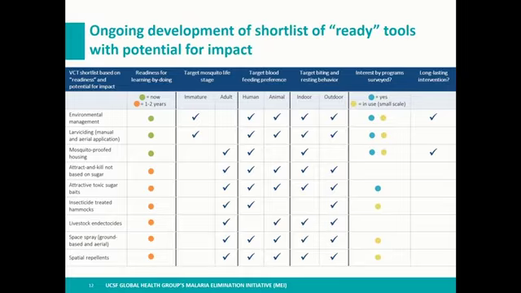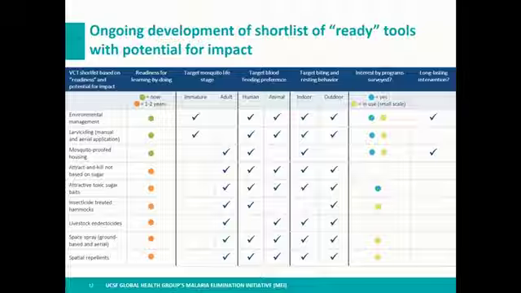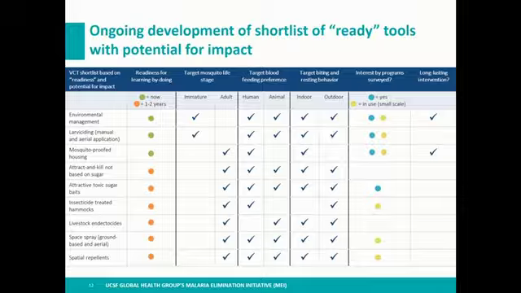As we look at the mosquito behaviors that it exploits at the different stages of the mosquito life cycle, it's quite a diverse set of tools that we might have access to in the short term. And as you see in this column right here, we did survey malaria programs, and there's a number of tools where malaria programs expressed interest in implementing.